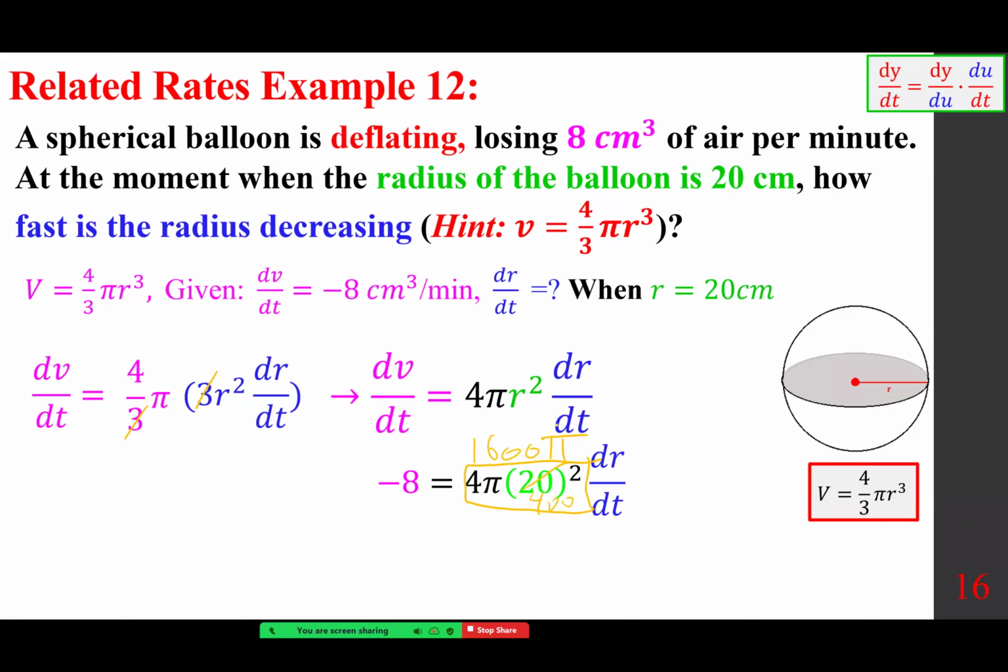So -8 divided by 1600 pi gives us dr/dt. 8 cancels out the 16, and we get -1 over 200 pi. So dr/dt is precisely -1 over 200 pi, units of the radius over units of time, centimeters per minute.